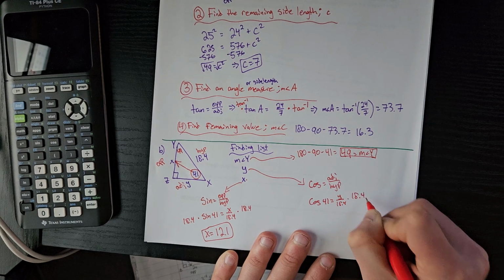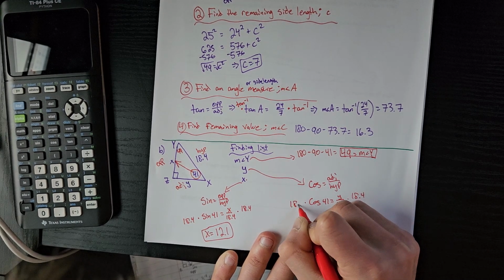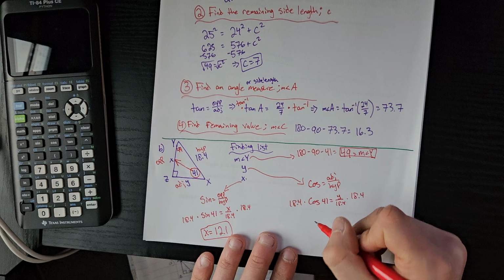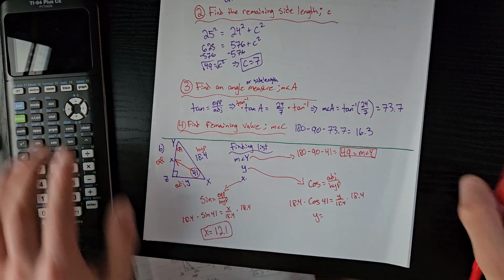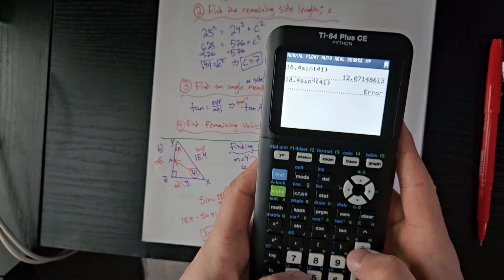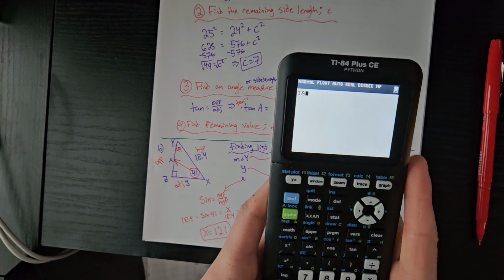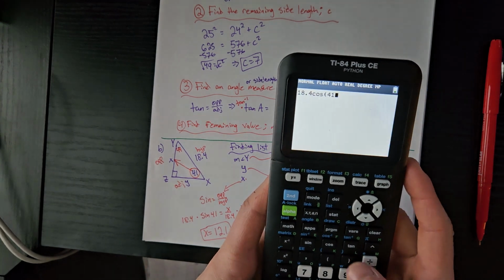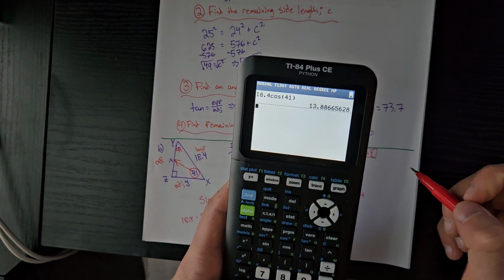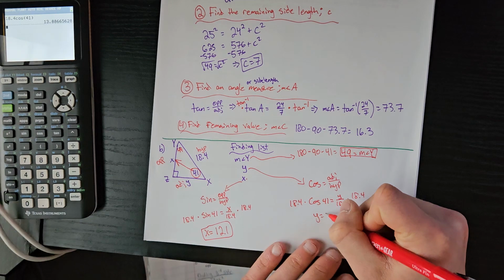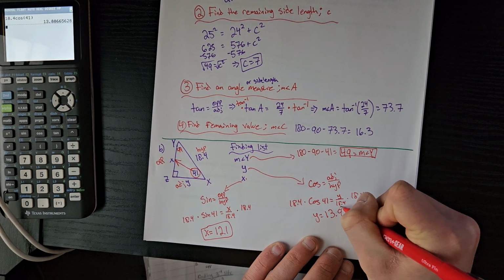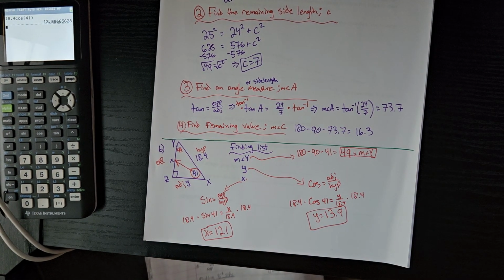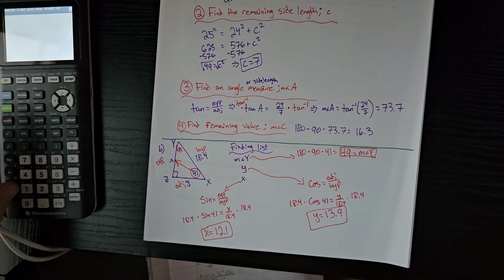To get rid of 18.4, I get to multiply it to the other side. And that means my y value will end up being, we'll see, 18.4 times cosine of 41 gives me 13.9, rounding up. And those are my values that I have found.